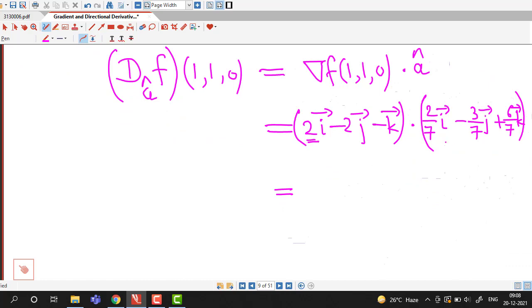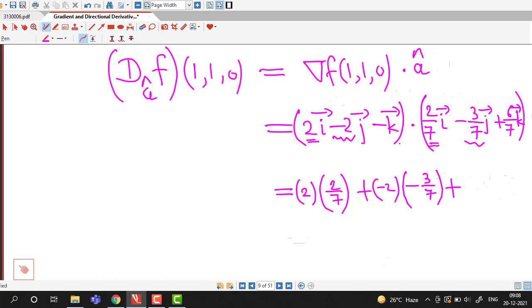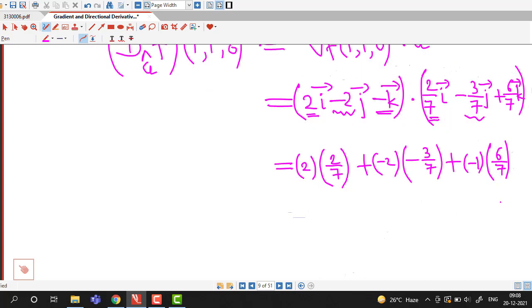Here the x component is 2, and here the x component is 2 by 7. So we multiply x components, then multiply y components. Here the y component is minus 2, and here the y component is minus 3 by 7. Here the z component is minus 1 and here the z component is 6 by 7.